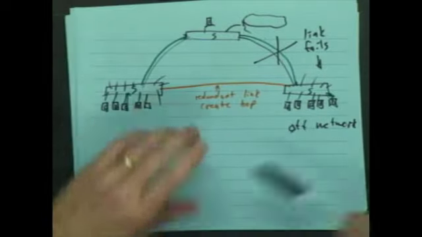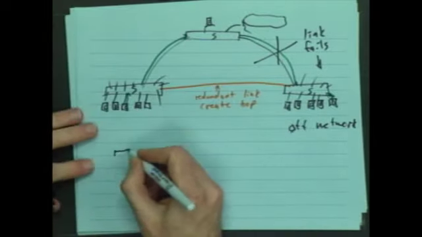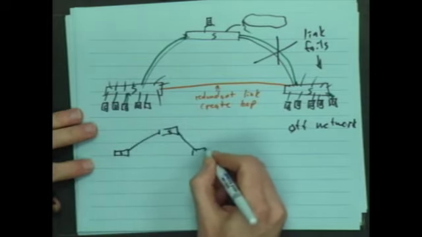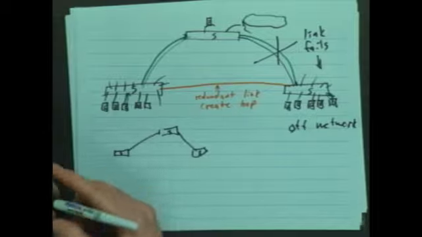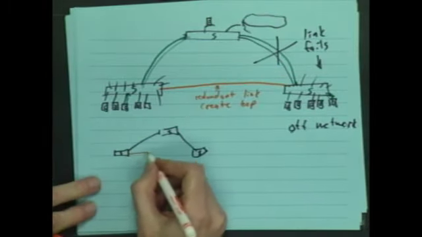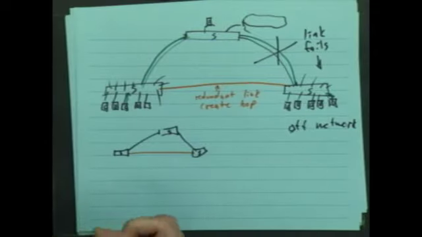So let's just draw it down here. I'll draw it mini. So here's our switch, here's our other switch, here's our other switch. And if we plug in this other line across here, that needs to be deactivated.